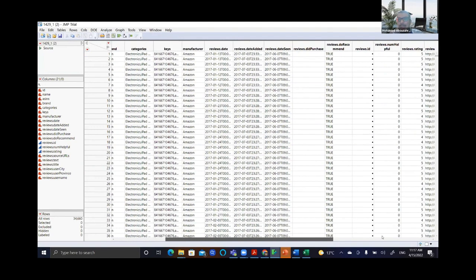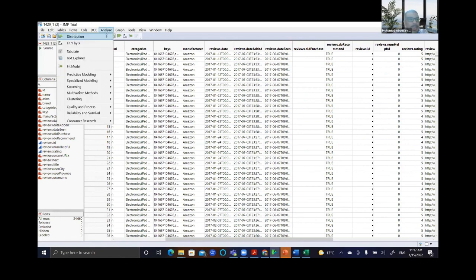So now we will analyze the data. It's very simple to analyze text in JMP. All you have to do is go to the Analyze tab, as we always do, and then you will find something called the Text Explorer. I will click on my Text Explorer.